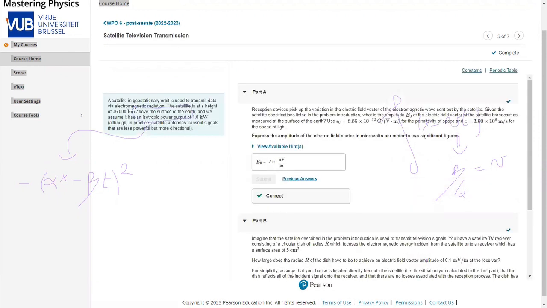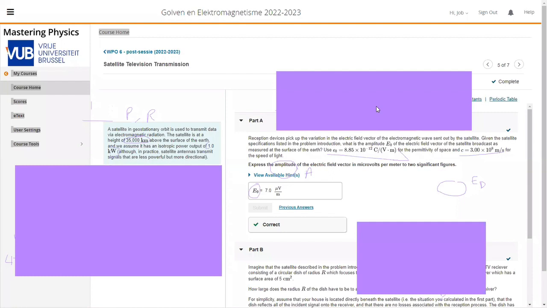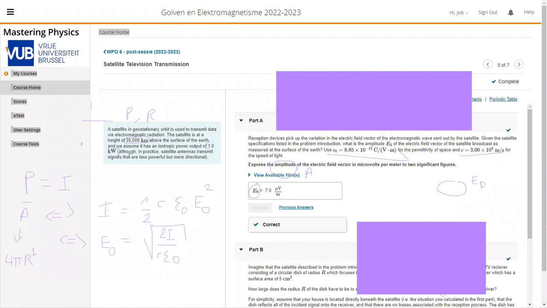Okay, next one. Exercise 5. Okay, right now we're in the fifth exercise. The first step that you have to do is, basically, always search for given information.